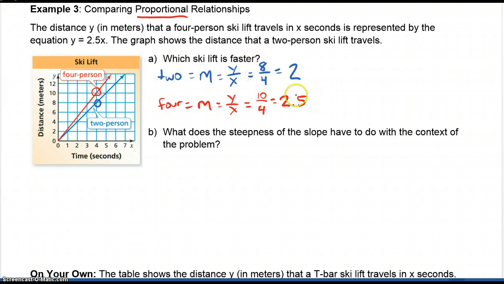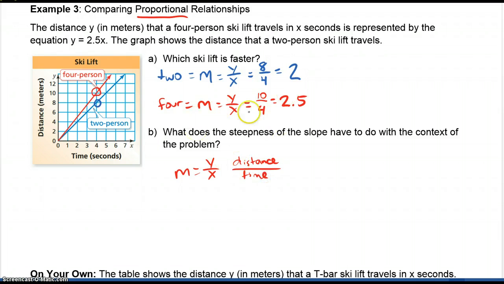So it's asking us which is faster, and then that ties into down here. What does the steepness of the slope have to do with the context of our problem? So this is like interpreting the slope. So remember slope up here. So slope is y over x. Up here, the y is distance over x is time.